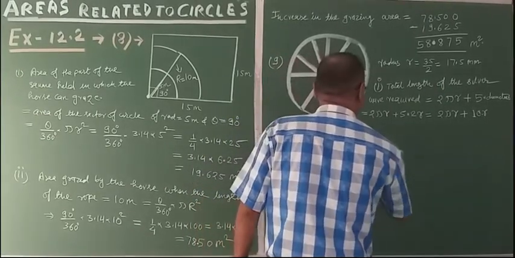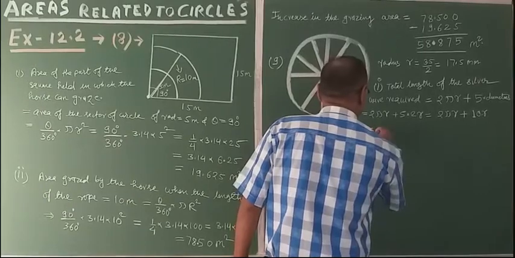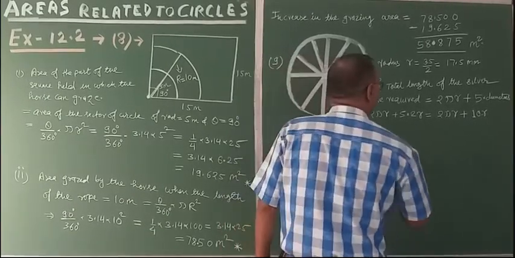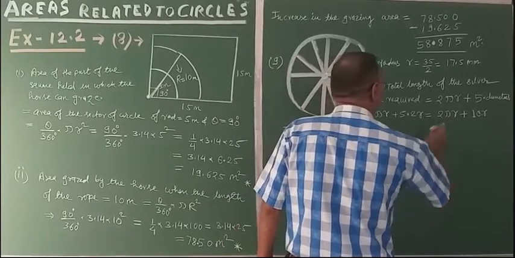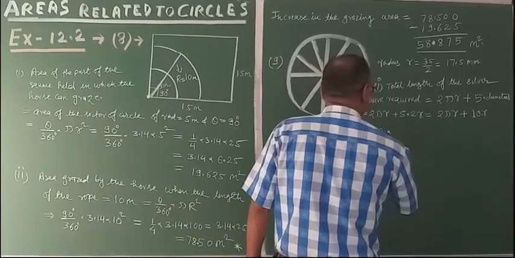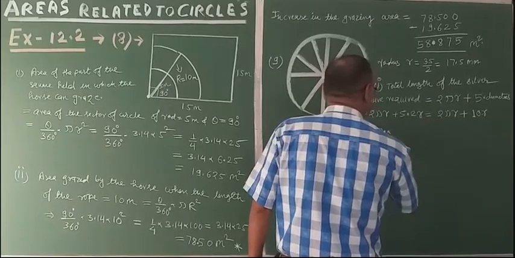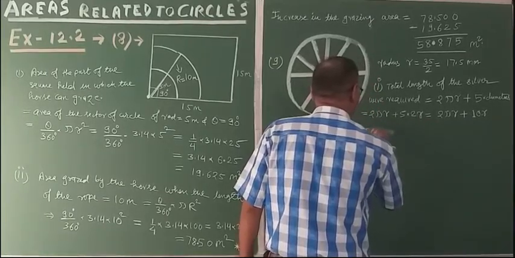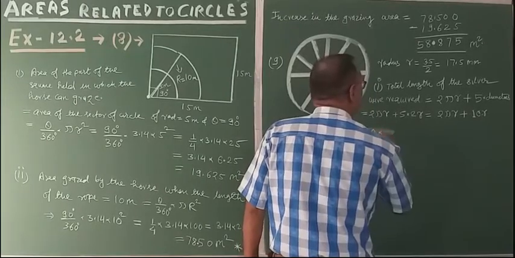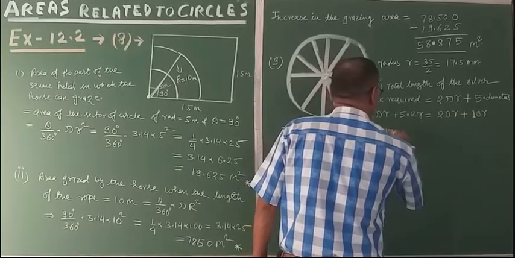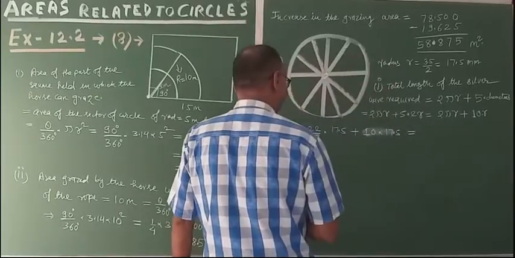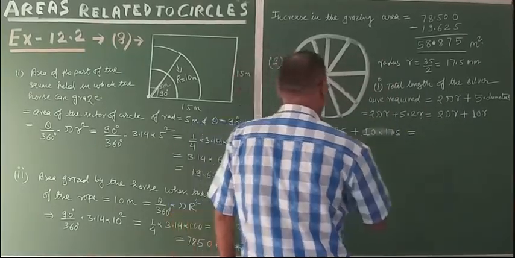plus 5 into 2 into the radius, or you can simply do this, 5 into 2 we have taken here, no? So we can write here 10 into what is the radius? 17.5. So this will just divide it.